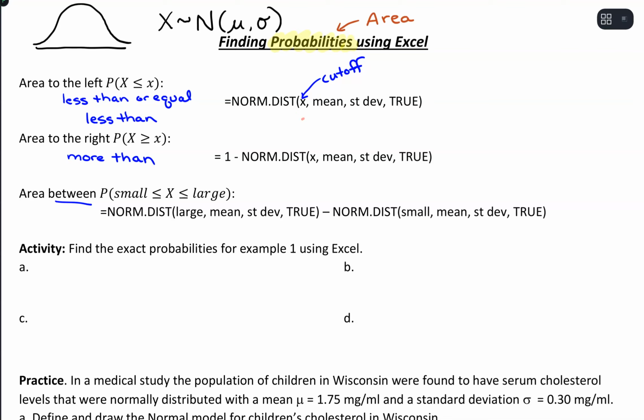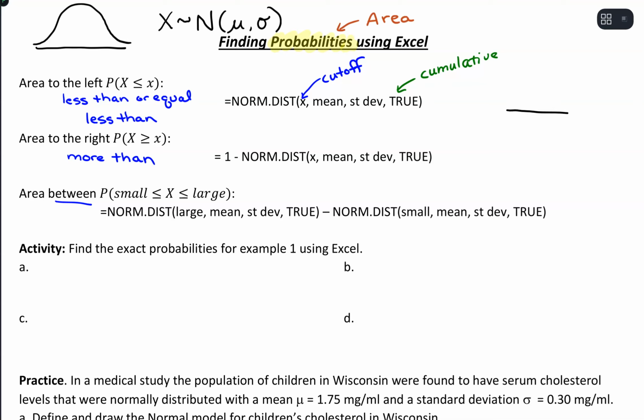We would type in 24 right there for x. So we want to list x. We want to list the mean, the standard deviation, and then this last piece will always be writing true. The question that Excel is asking there is whether or not it's cumulative. And for us, it will always be cumulative. So it's making this whole area, in this case, to the left.